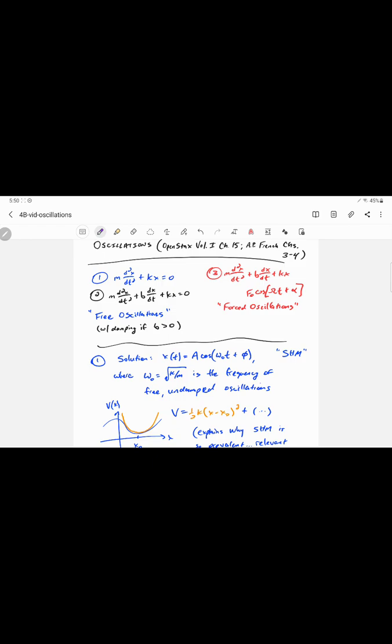If you displace the child from equilibrium, the child's on the swing, and you're the adult pushing the child. Well, one limit is you not pushing the child and them undergoing free oscillations. So maybe there's no damping and the child just keeps going back and forth, or they slowly decay in amplitude over time. Or maybe you're pushing them, and that's an example of forced oscillations.